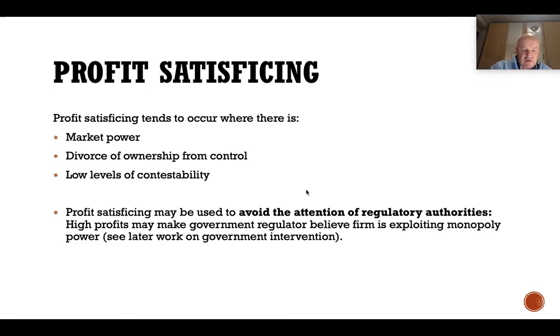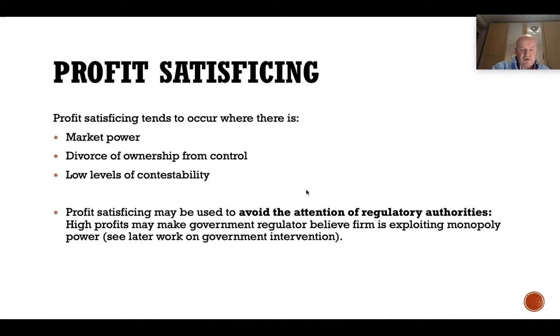Now, to some degree, we might also find that profit satisficing could be used to avoid the attention of any regulatory authorities. So, for instance, if we are in a strong market position and we can profit maximize, the argument could be that if we're making profits that are too high, the government regulator or the Competition and Markets Authority might come in and think, hold on a minute, why is this organisation making so much profit?